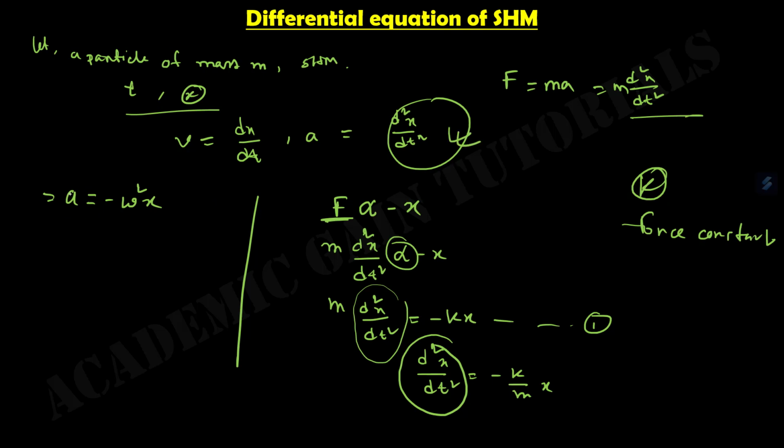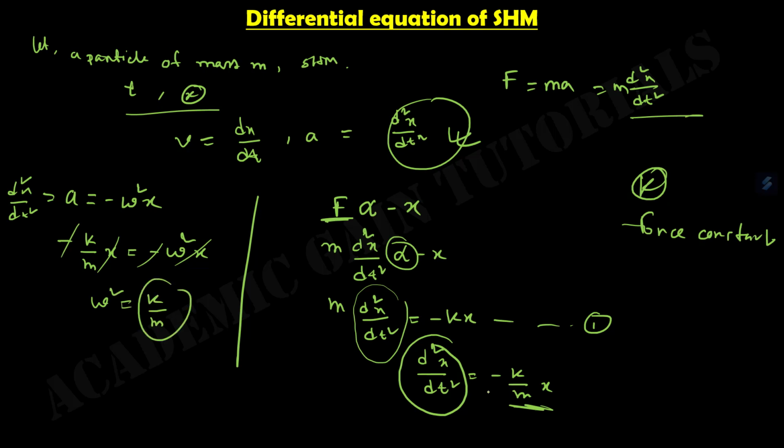So instead of a, or this d square x by dt square, I can write minus k by m into x, which is equal to minus omega square x. If I cancel out this x and minus, then I find that omega square is equal to k by m.